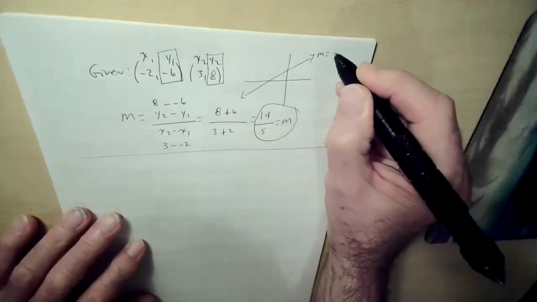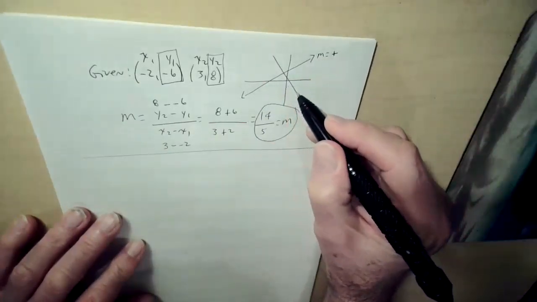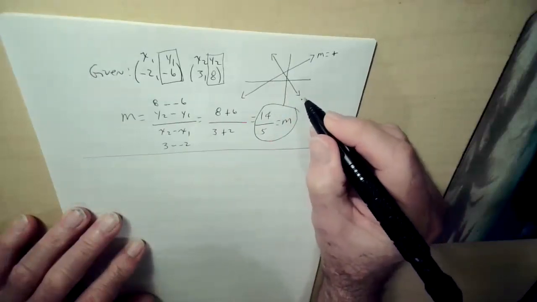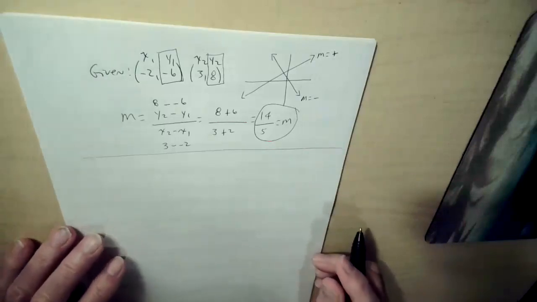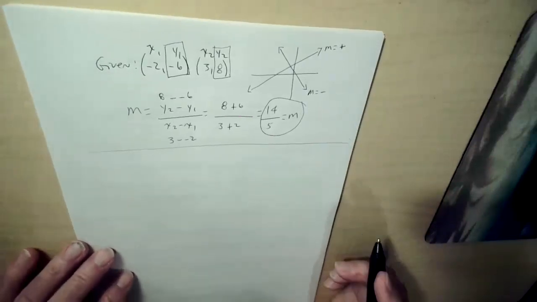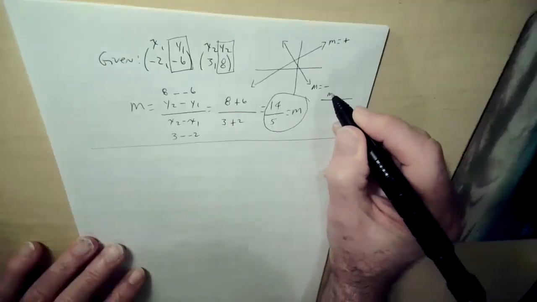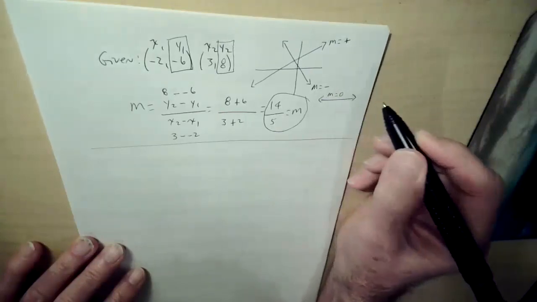Oh, and before I forget, if our slope is positive, the line goes up and to the right. If it goes down and to the right, the slope is negative.